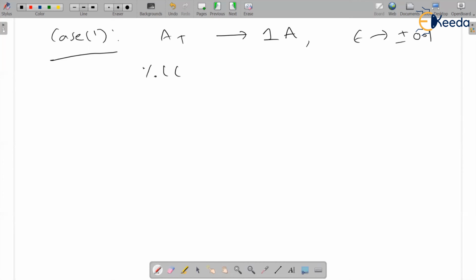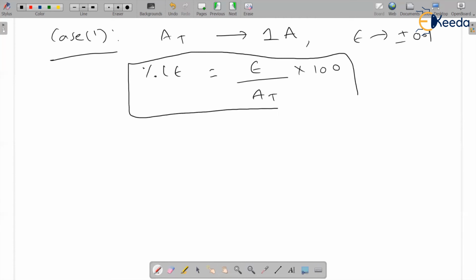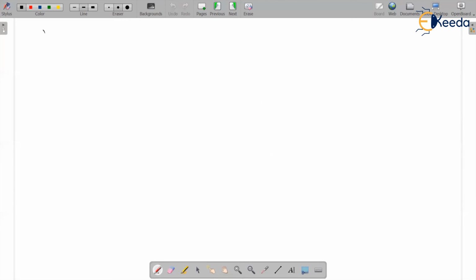Percentage limiting error is equal to error with respect to true value into 100. This was the formula I gave earlier. Observe that limiting error will have plus or minus. Applying the formula gives plus or minus 10%. Now I will go for case 2.